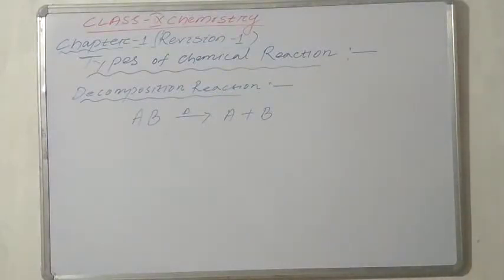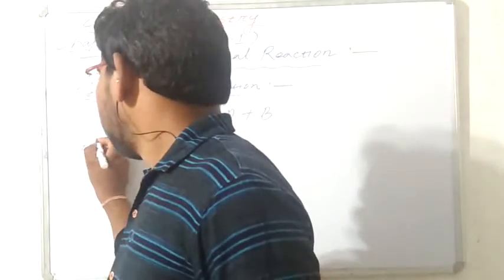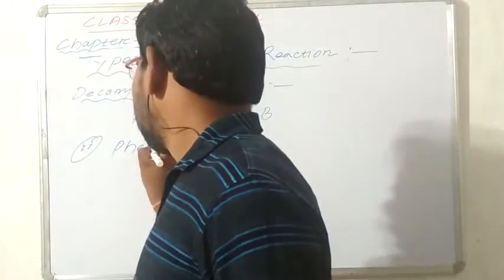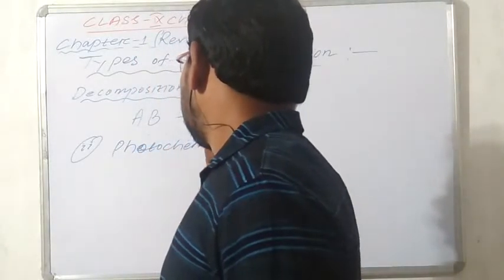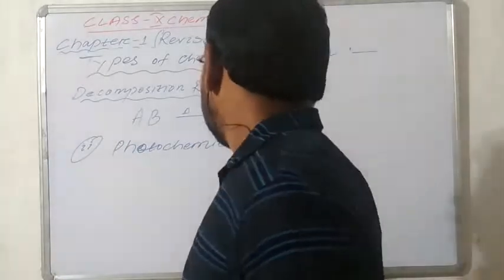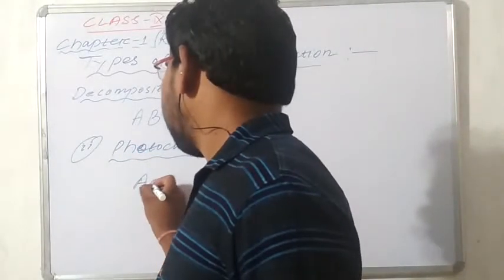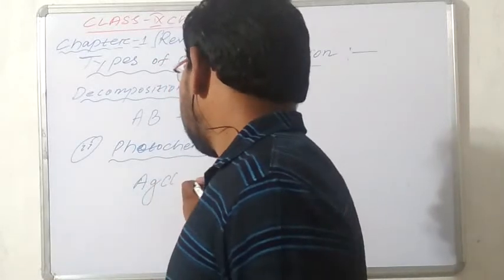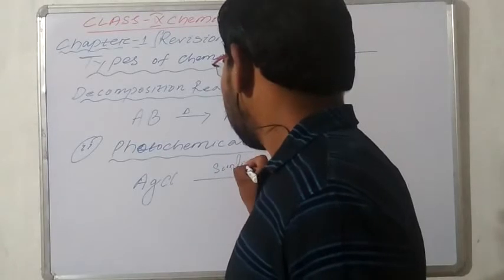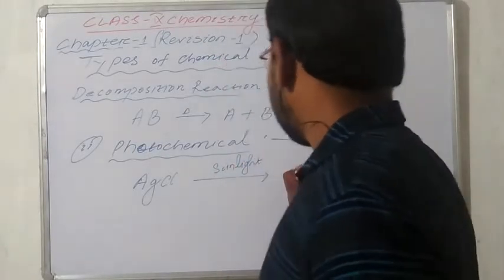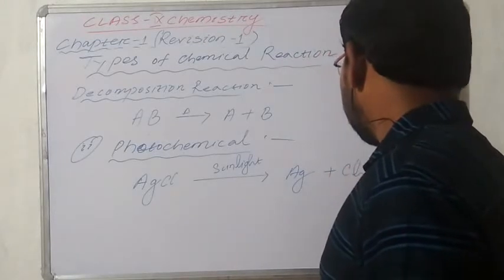The examples are the decomposition of silver chloride, AgCl. AgCl decomposes in the presence of sunlight and changes into silver metal, and chlorine gas is evolved.